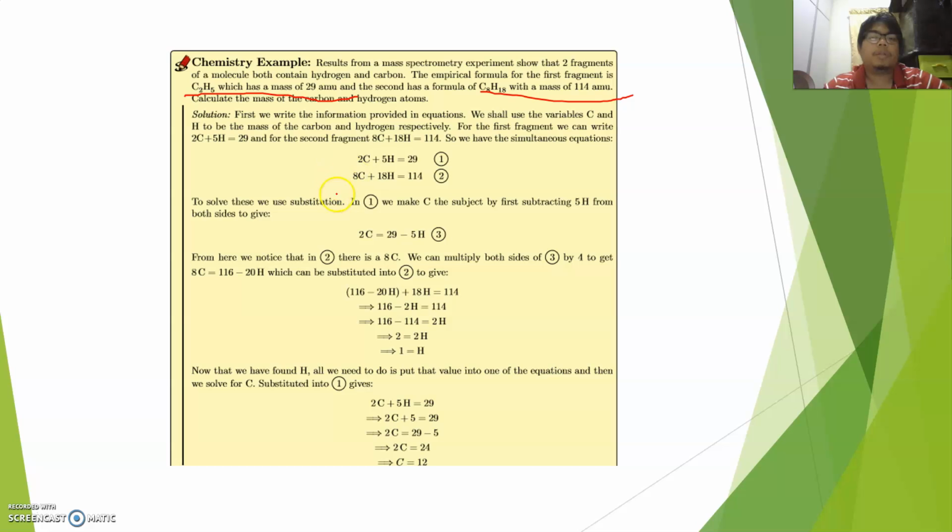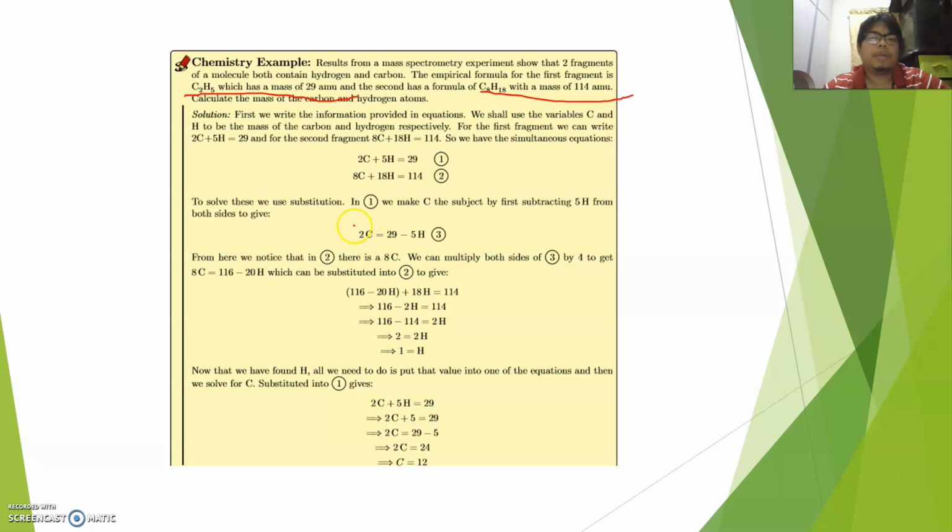So solve it. Let's take equation 1 and make 2C the subject. So 2C equal to 29 minus 5H. What you can do is make it the subject, so you move this 2 to the right hand side. But this will involve a long working process, and we tend to make mistakes.